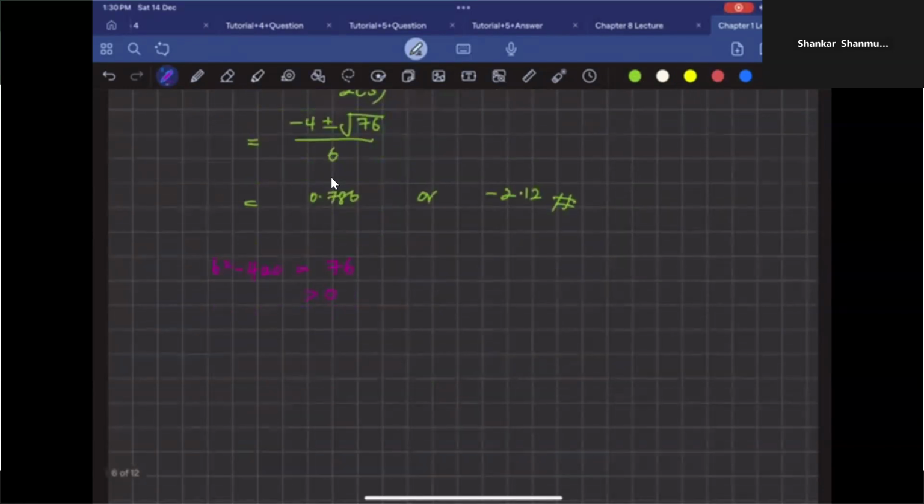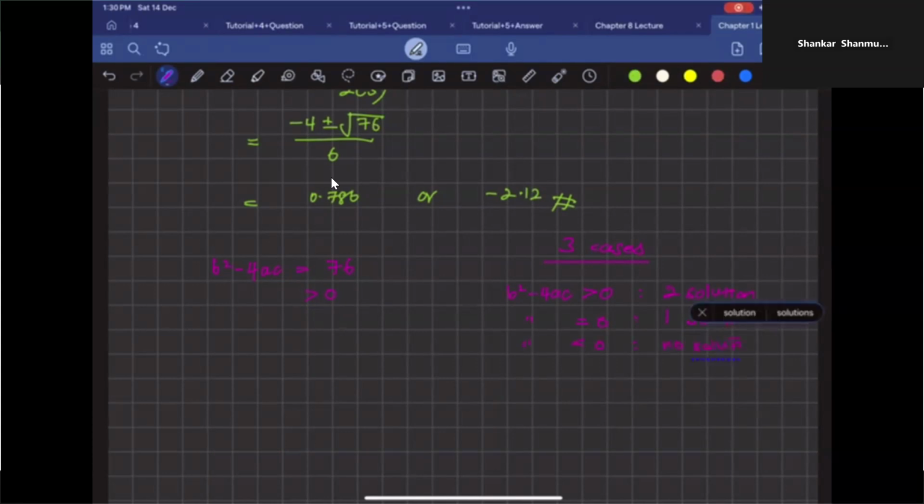In this case, just know that there are three cases. If your b squared minus 4ac is greater than 0, there will be two solutions. If b squared minus 4ac is equal to 0, there will only be one solution. And if it is less than 0, there won't be any solution.